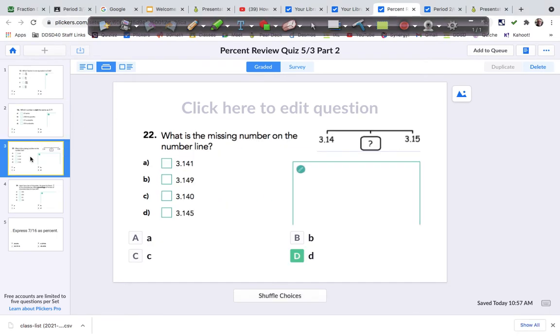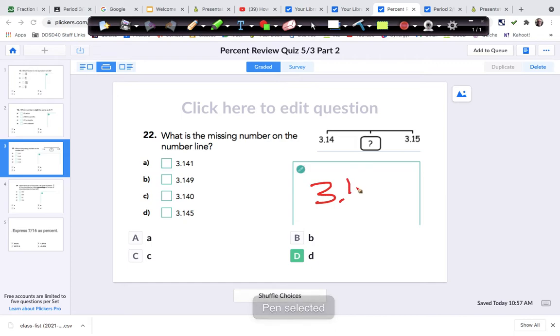What's the missing number on the number line? If I have another place value, 3.14 and 3.15, if I put a 0 right here, it doesn't change them on the number line. I can put the 0 right here, 0 and 0. You can always just put zeros, and then I can count.